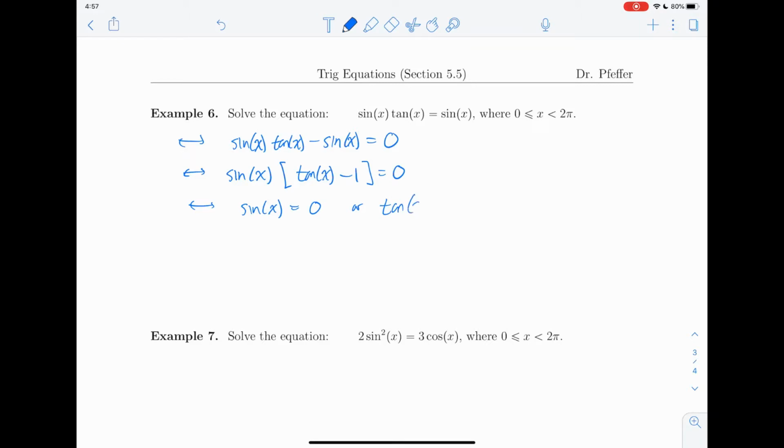So in this case, I gain access to two trig equations, sine of x equals 0 or tangent of x minus 1 equals 0. Which of course I can move that minus 1 to the other side and simply think of that as tan x equals 1.